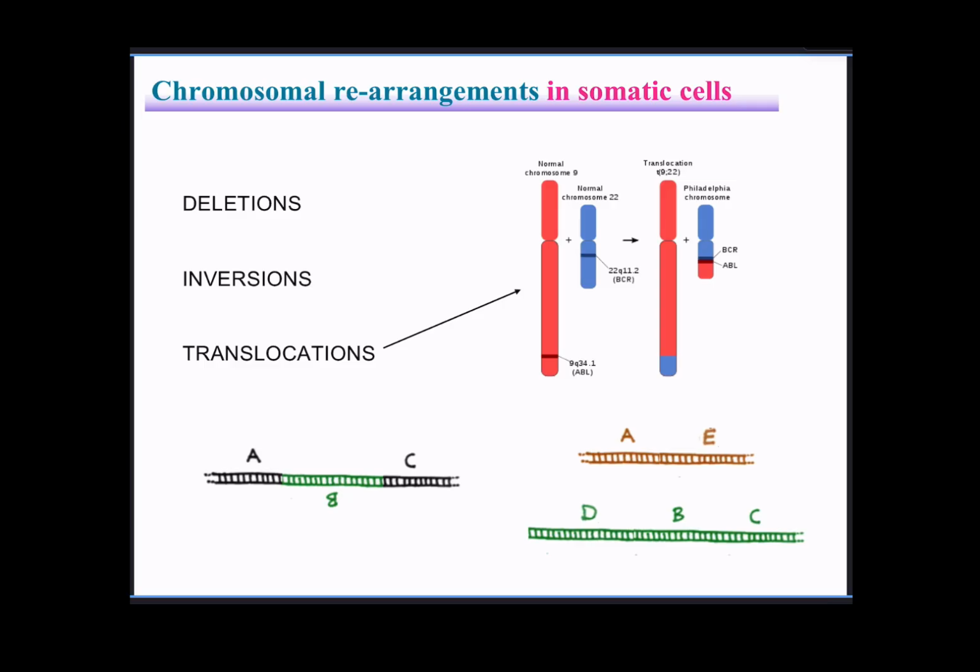And because they're more prone to undergoing those breaks, they're more prone to suffering this translocation. So when the translocation between chromosomes 9 and 22 takes place, one chromosome ends up as mostly 9 and a little bit of 22, and the other one is mostly 22 and a little bit of 9. And that one is called the Philadelphia chromosome because this was discovered in some lab in Philadelphia.